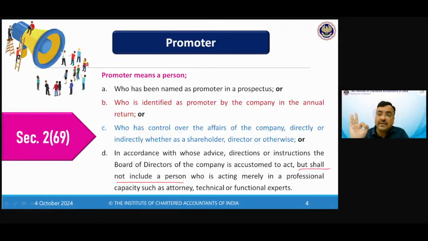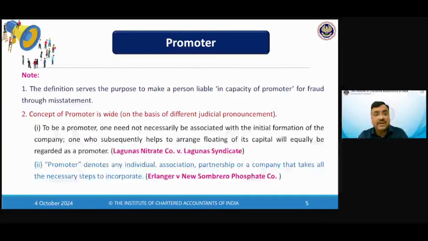These 4 persons are termed as promoter under section 2 clause 69, but specifically excluding the person who is working with the company as a professional advisor, that is not a promoter for the purpose of section 2 clause 69, right? So now come to the point, what is the reason behind defining the promoter in this act?